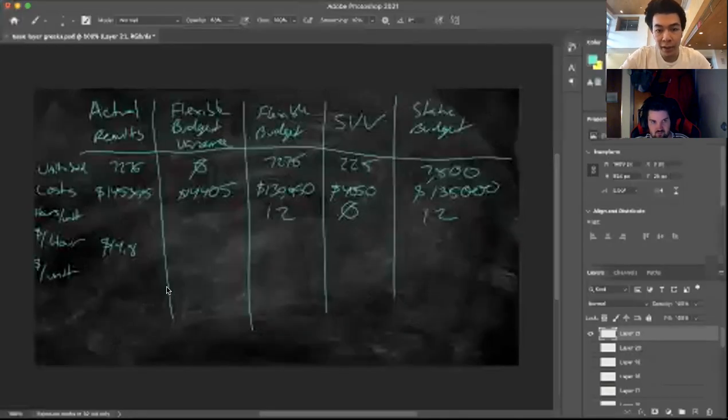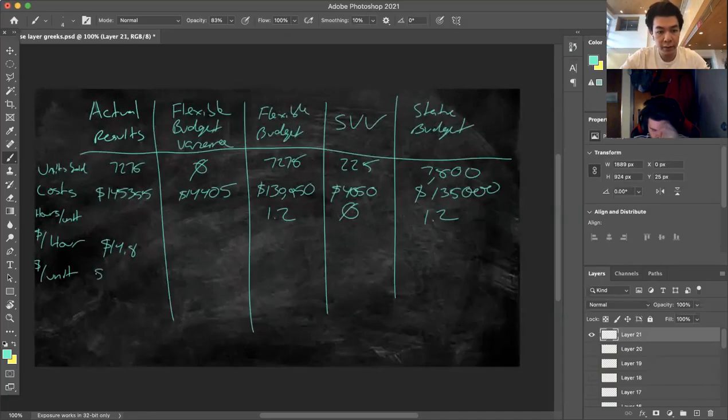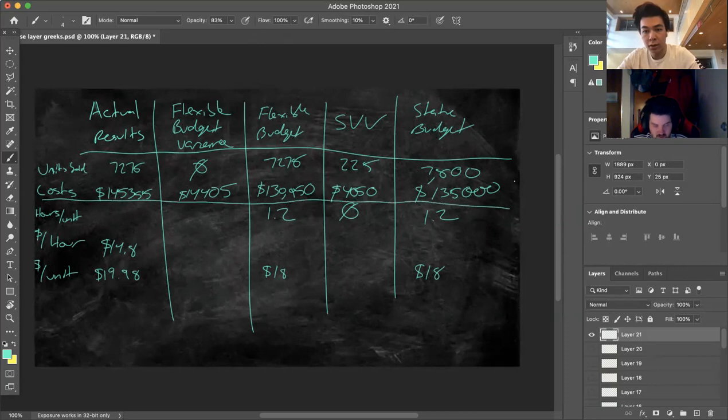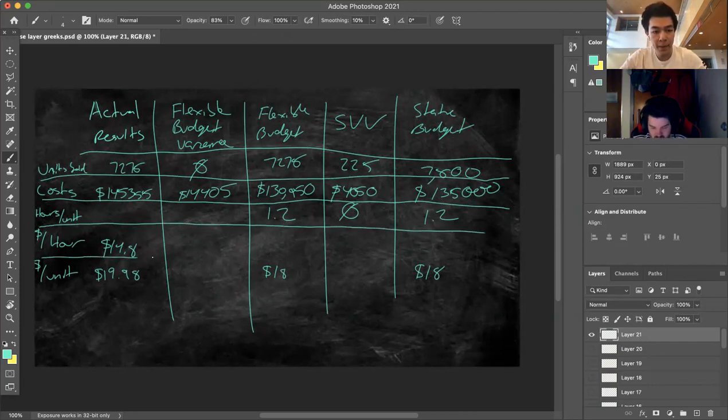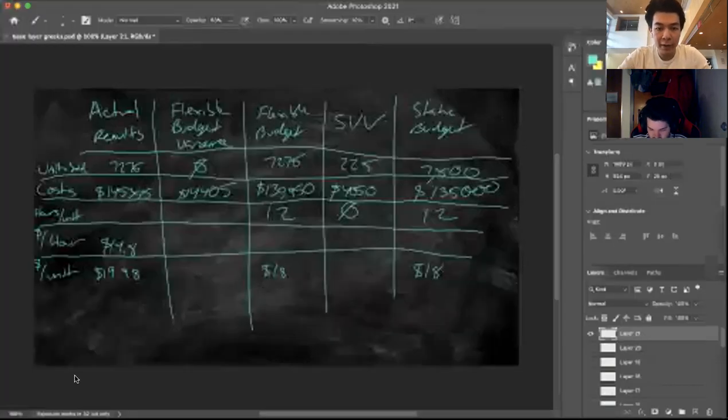And that's going to be 19.98. And these two are going to be 18. Yeah, if we divide it, 19.98.